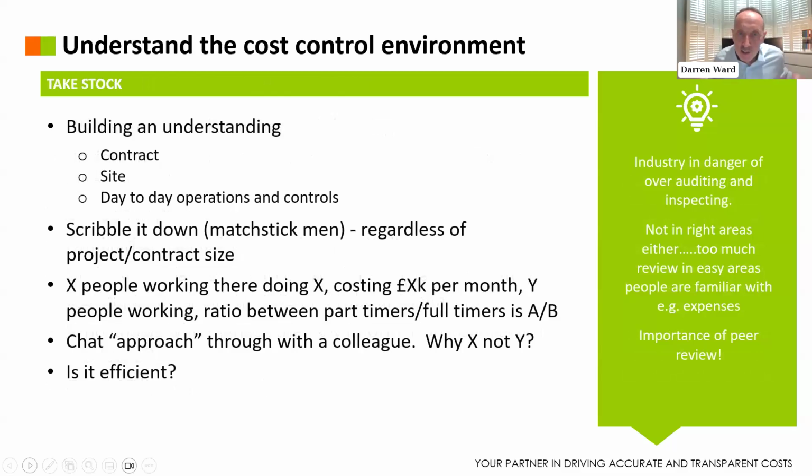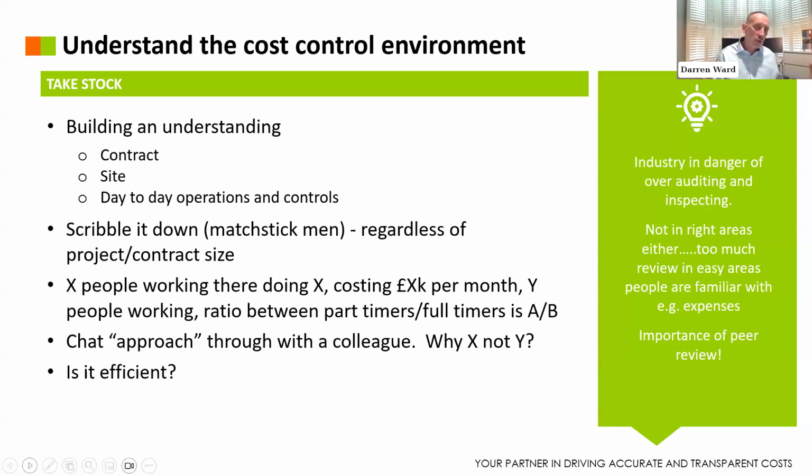What do we do then? I like to take stock. Very simple. I've got a good understanding now. I know the contract, I know its rules. I've been to the site. I've understood what the day-to-day operations and controls are and what reports can be produced, for example. I scribble it down, whiteboard, piece of paper. Try to visualize the people movements. We've got X people over here doing that activity, costing that per month.